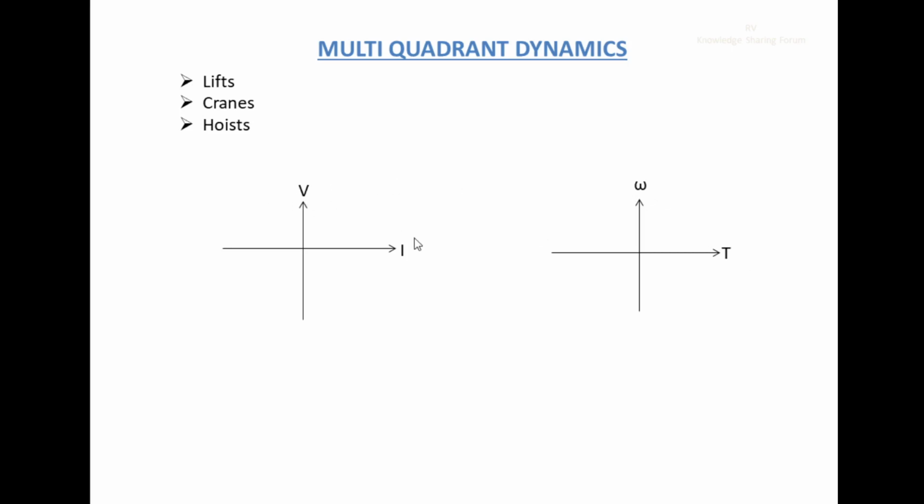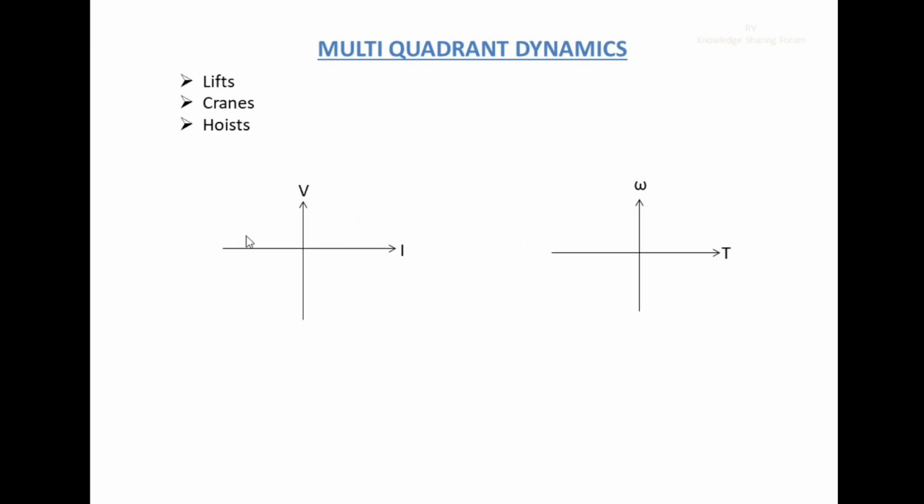Here, voltage V and current I, and here the speed omega and the torque T. The function of an electric motor is to convert this electrical energy V into I into the mechanical output energy, omega into torque, and this torque T is able to move these lifts, cranes and hoists either upward or downward. So this torque T is provided by the electric motor.